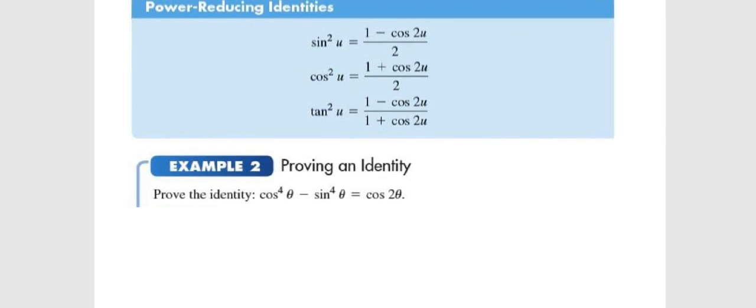So they're telling me that cosine to the 4th of theta minus sine to the 4th of theta is equal to cosine 2 theta. We've got to prove it. How do you think I should write or change cosine to the 4th theta?